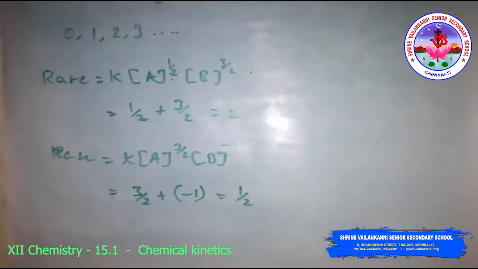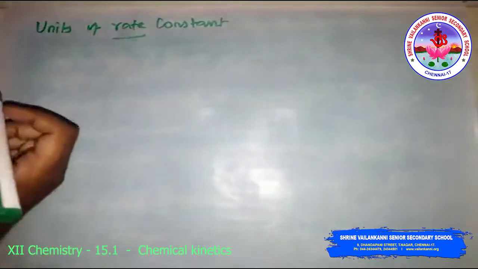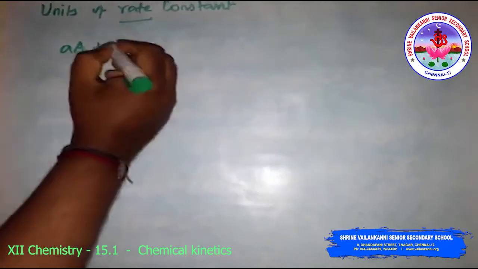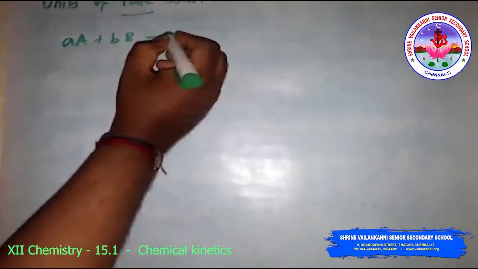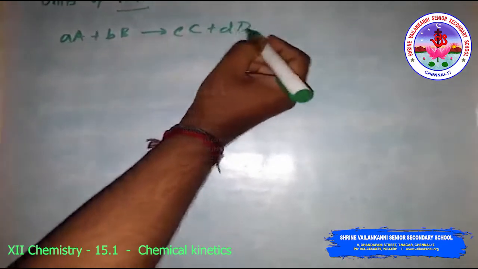Then the unit of rate constant. Units of rate constant for a general reaction aA plus bB gives cC plus dD.